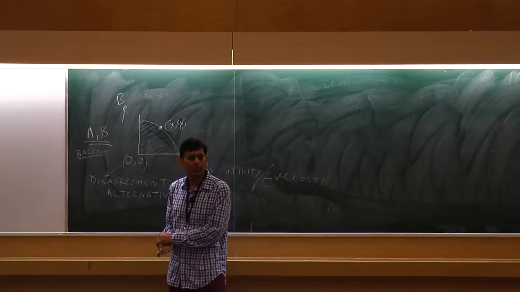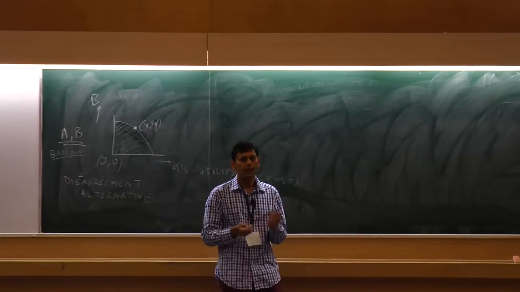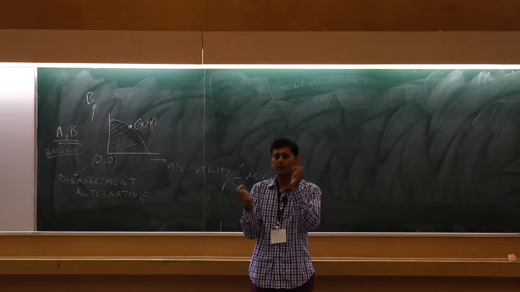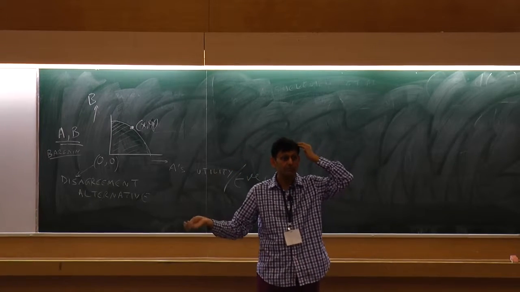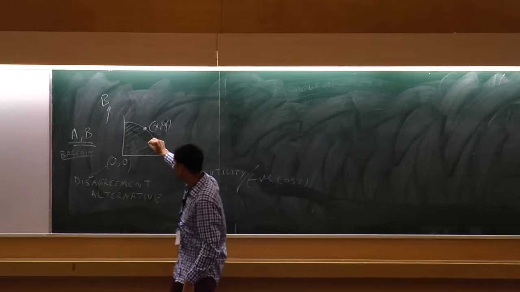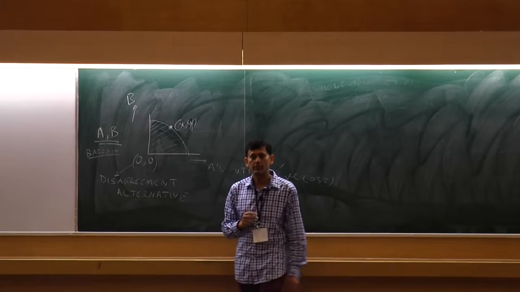And so pretty much any non-zero point here would be a Nash equilibrium, because the strategy space for both of them is to propose a solution. If they both agree on the solution, then that happens. So any point which is not 0, 0 is a Nash equilibrium.